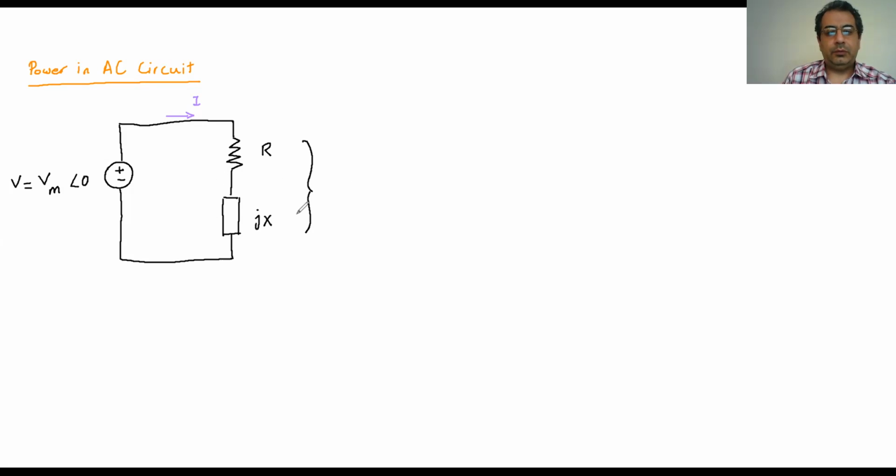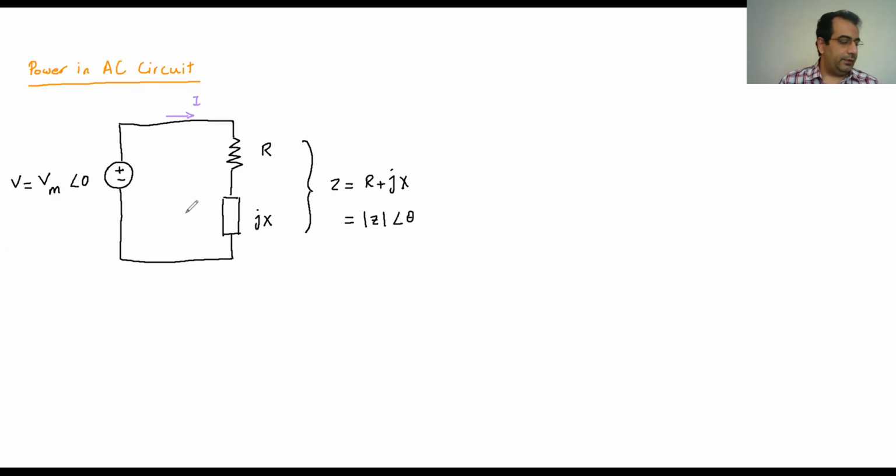So the impedance Z is going to be R plus jX, and we can write it in polar format as the magnitude of Z with an angle of, assume, theta. So we have the source, resistance, and some kind of reactance, inductance or capacitance, and this is what we will have.